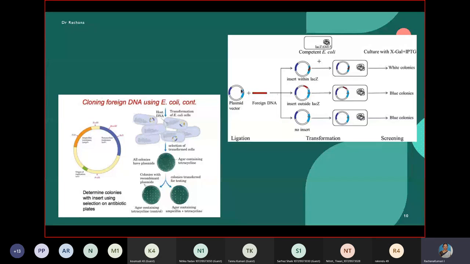But if you are introducing a foreign DNA into the lacZ gene, then this lacZ gene is inactivated due to the insertion of the foreign DNA. Now that the foreign DNA has been incorporated, the cells are now transformed from lacZ plus to lacZ minus.